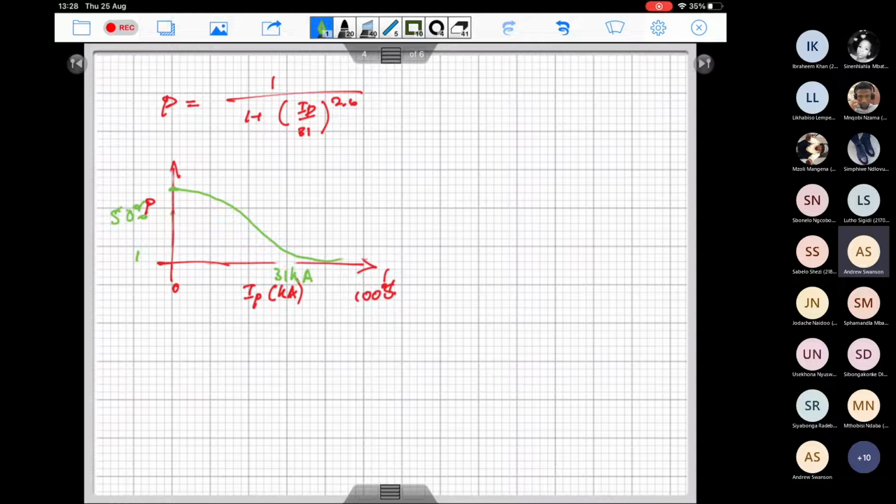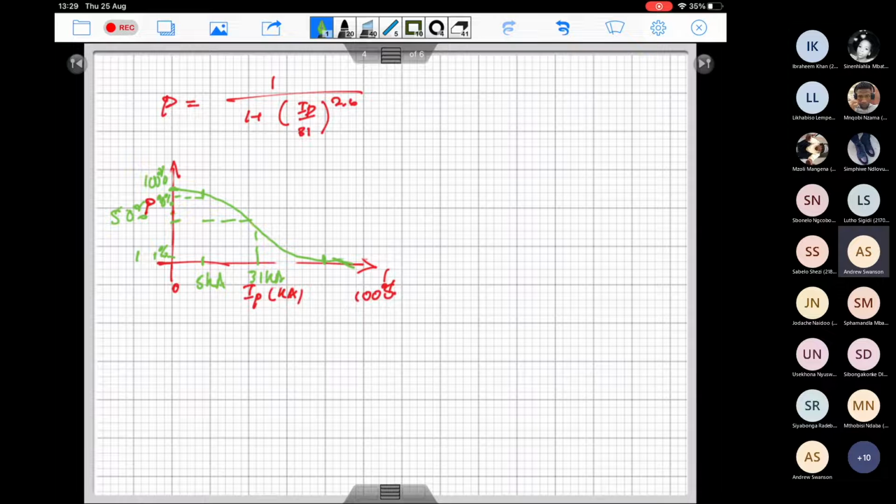So for 0 kiloamps, 100% of the strikes above 0 kiloamps will occur. Say for 5 kiloamps, only 10% of lightning strikes will occur below 5 kiloamps. 90% of strikes will occur above 5 kiloamps. If you go to the hundreds, let's just say 100 kiloamps, let's say it's 1%.